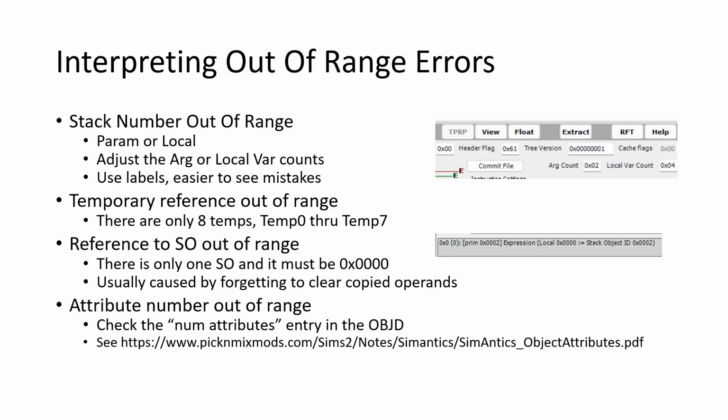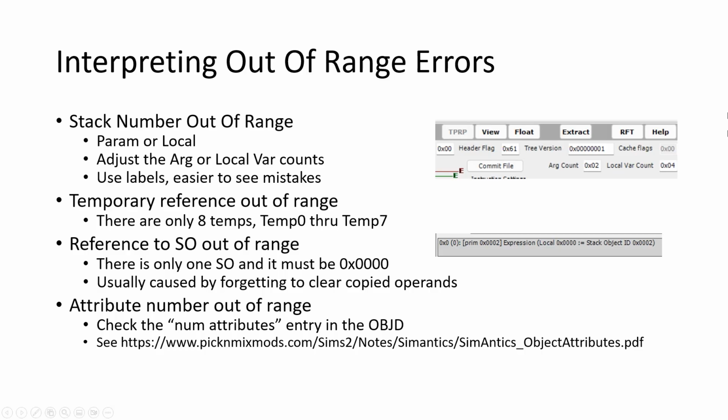Either you meant to use that local number and you forgot to increase the number in the top of the BHAV section there, or you've typed the wrong number. You meant to use local 3 and your finger accidentally slipped and hit local 5. So either you've used the wrong local in the code or you haven't got enough locals defined.